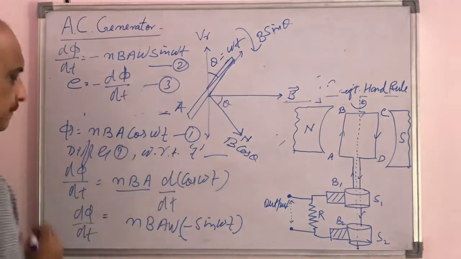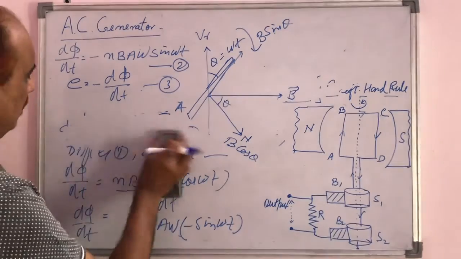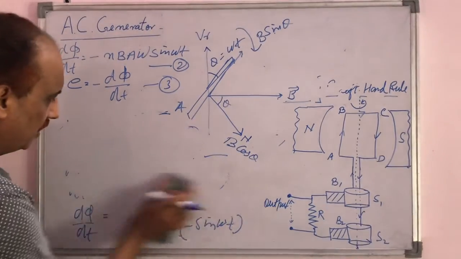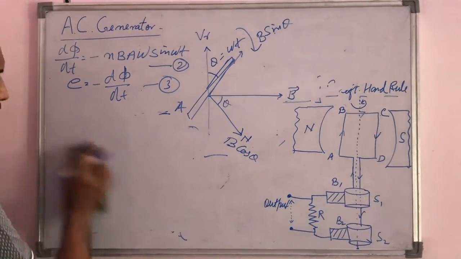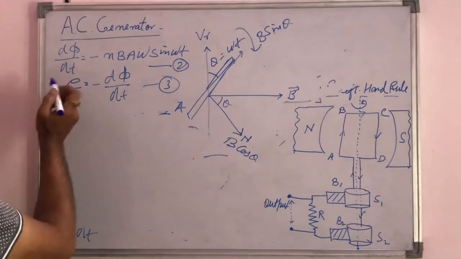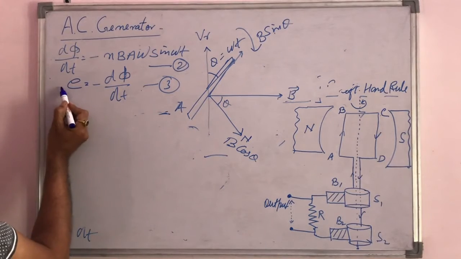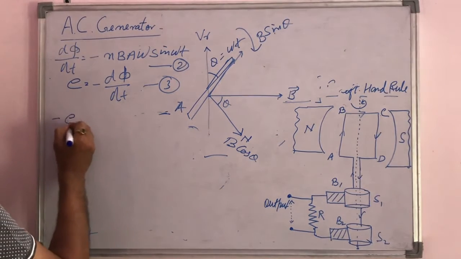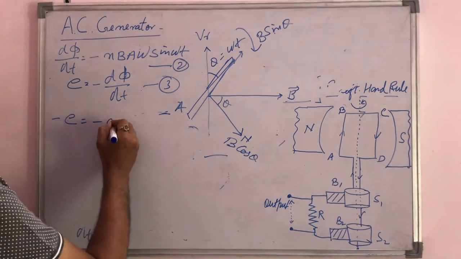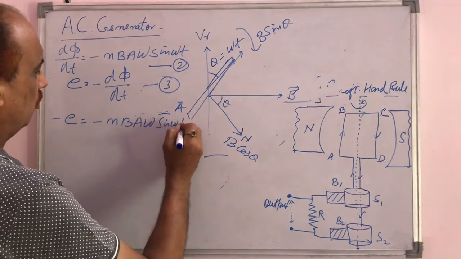Now we compare equation 2 and 3. We have d phi by dt equal to minus E, that is minus NBA omega sin omega t.